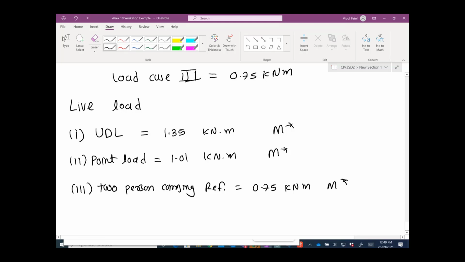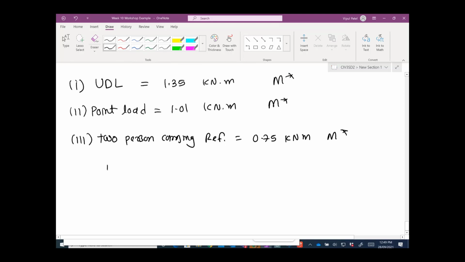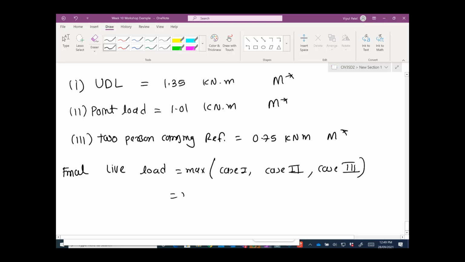Right, now we need to make an engineering decision, which one is winning. The final live load would be the maximum of these three, case number 1, case number 2, and case number 3. So the maximum of 1.35, 1.01, and 0.75 is 1.35 kilonewton meters.